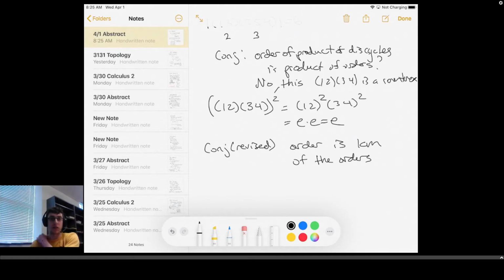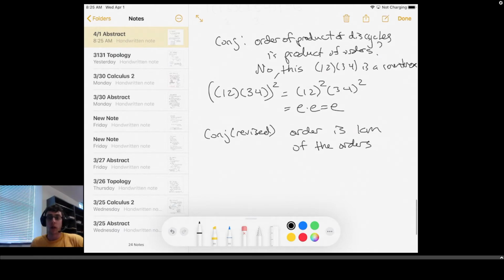That they don't have to travel around the same amount. So we're going to get into how to actually prove that here in a second. So any questions first before we dig into proving first that the length of a cycle is actually its order?